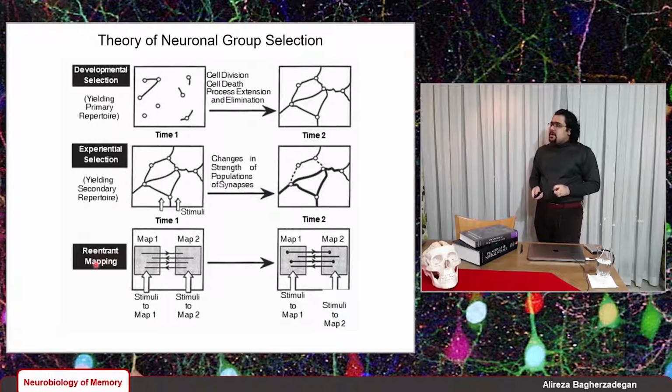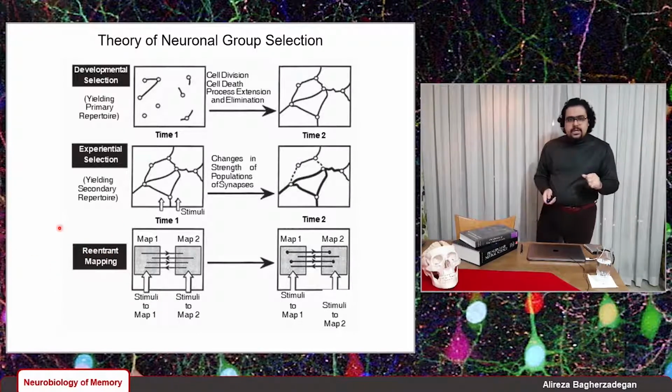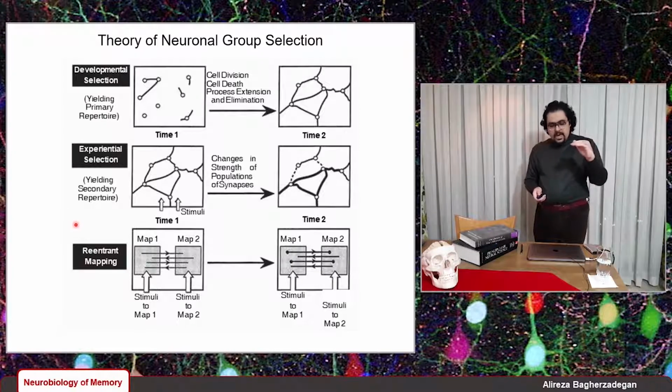And then we also have reentrant mapping, which basically says that even the connections between maps of the brain, which, I told you in the very first lecture on microcircuits, are one level higher than networks or microcircuits.